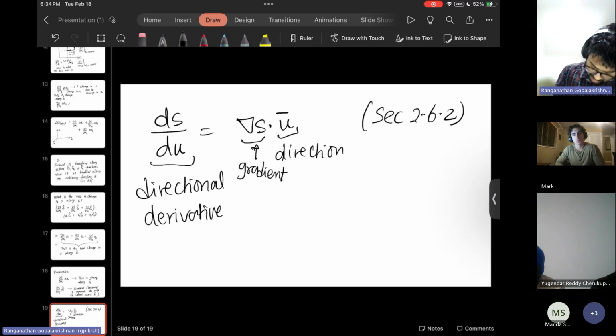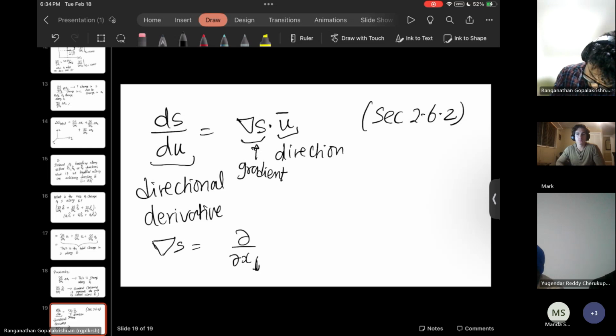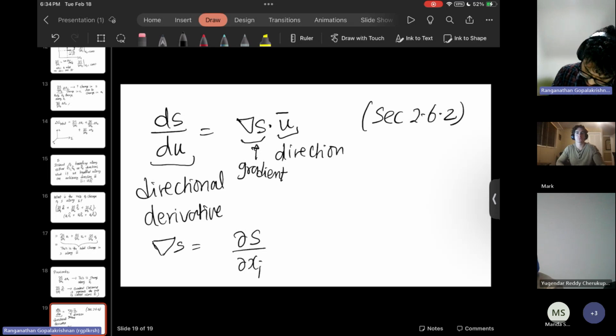So this gradient is of special interest to us. Let me write this clearly: partial s over partial xi, where s is a function of x the vector.